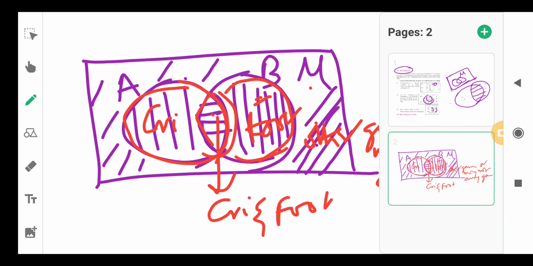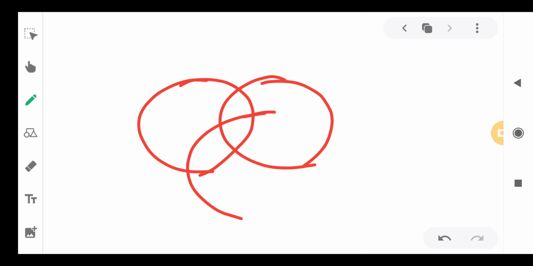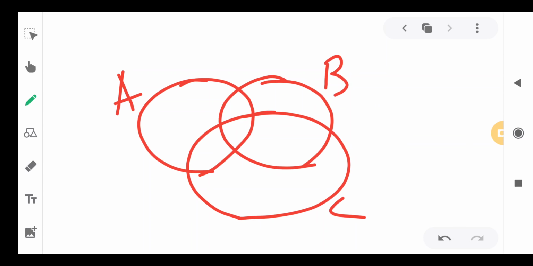Similarly, we can take three sets, A, B and C. Suppose this is maths students, this is science, and this is economics.